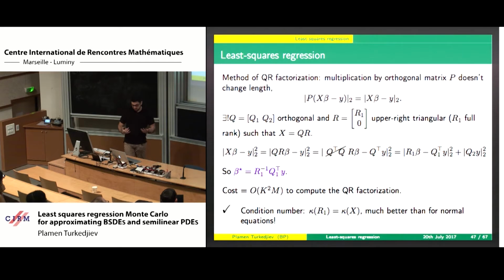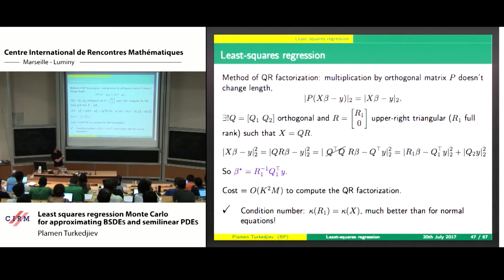So what people tend to do is QR factorization. So what QR factorization basically is, it's a recognition that the L2 distances are not changed by multiplication of an orthogonal matrix. Okay?